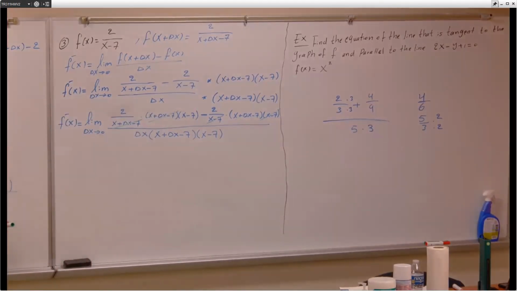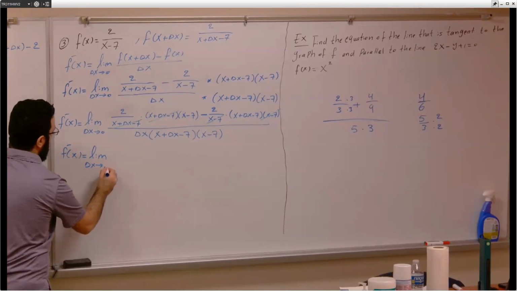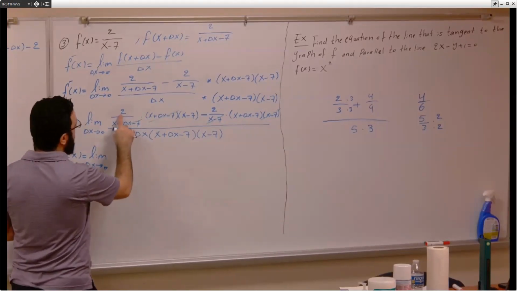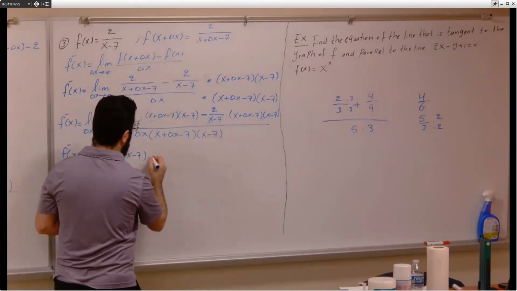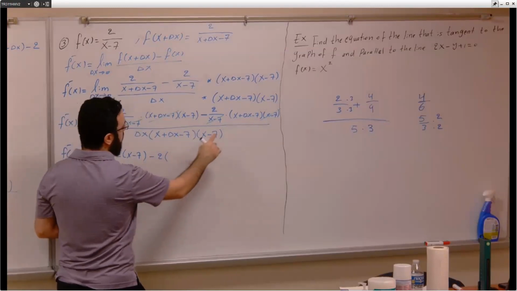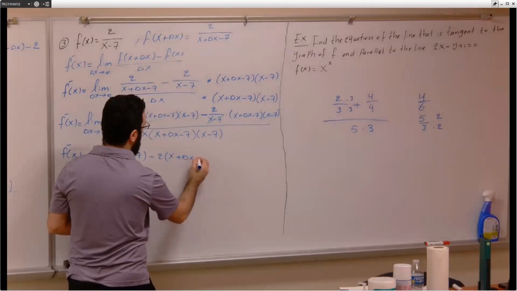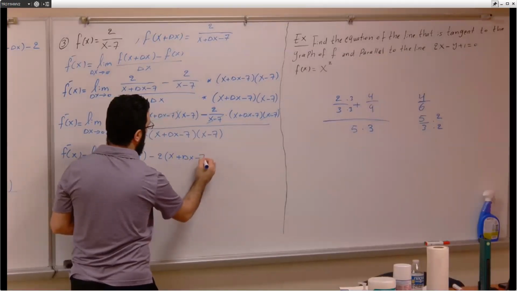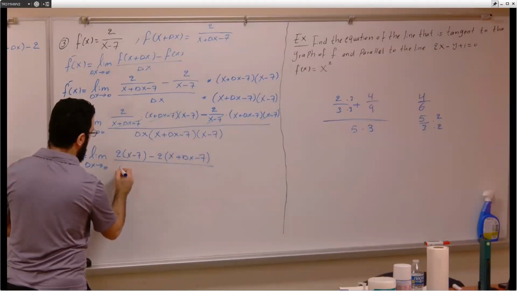Now there are no fractions on the top. f prime of x is going to be the limit as delta x approaches 0. What is left here is 2 times x minus 7, and what is left here is minus 2 times x plus delta x minus 7. Everything is divided by everything here. We can't cancel these.